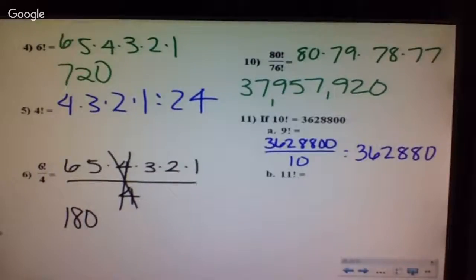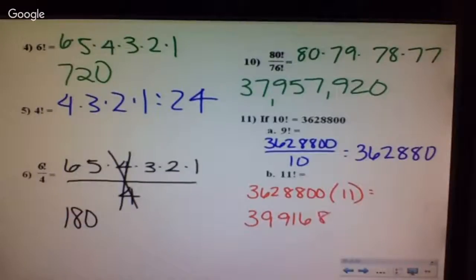To go forwards and do 11 factorial, we're going to multiply. What number does 11 factorial have that 10 does not? 11. So we multiply by 11. $39,916,800.